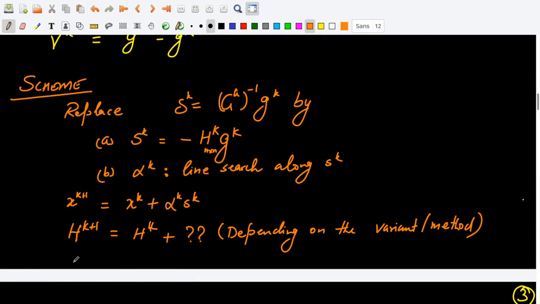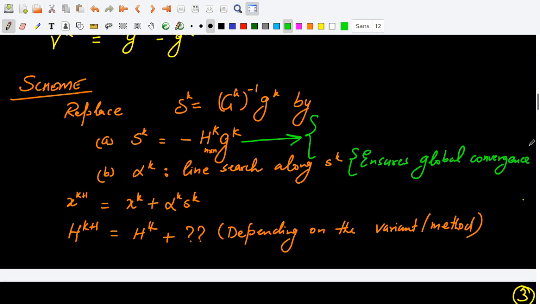By comparison to Newton's method, this line search actually ensures global convergence, and this overcomes the problem of Newton's method.